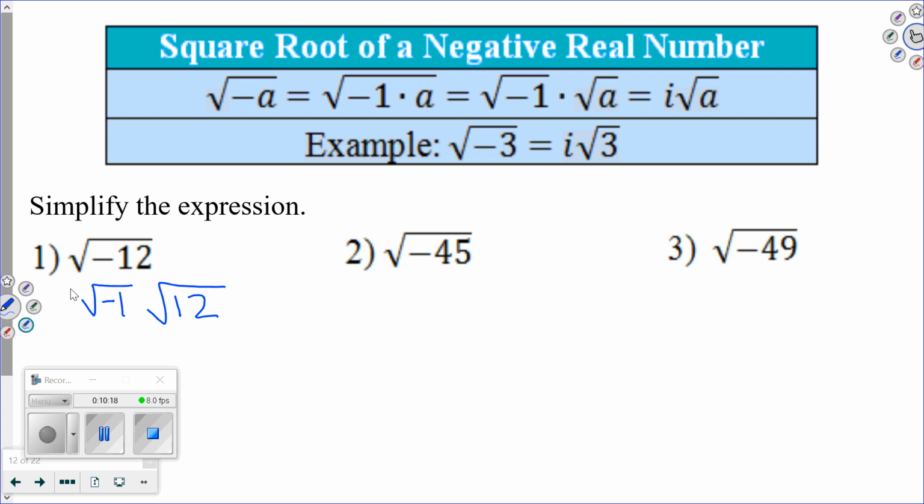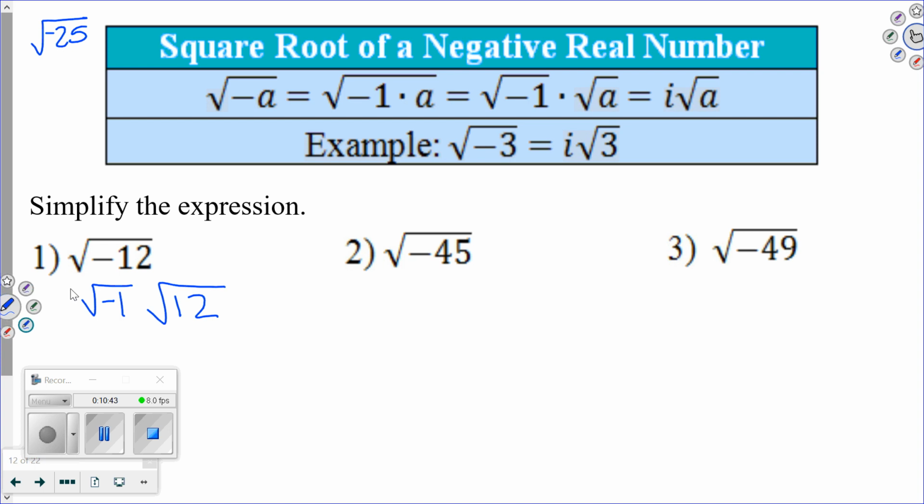Why can I not take the square root of a negative number? Grab your calculator. Type in the square root of negative 25. It is a non-real answer, right? Because when I ask you the square root of negative 25, your calculator is like, I don't know, I can't do that. It's a non-real answer.